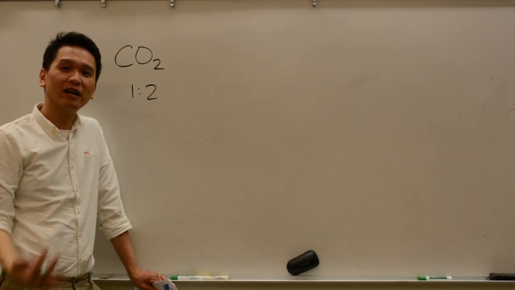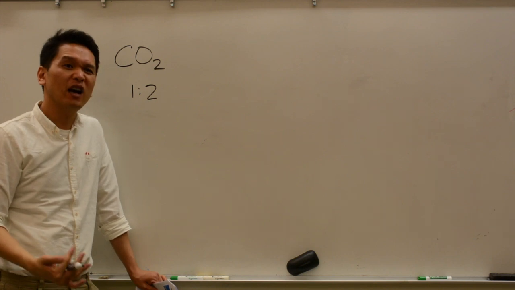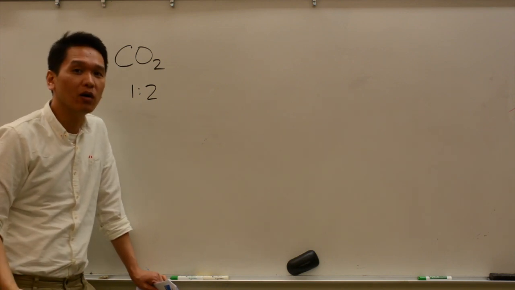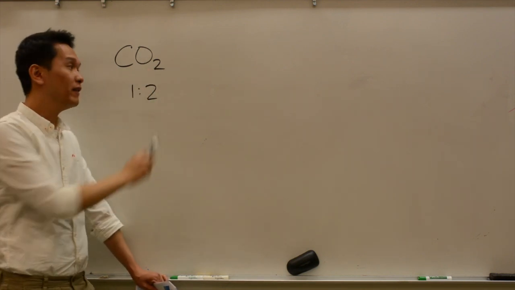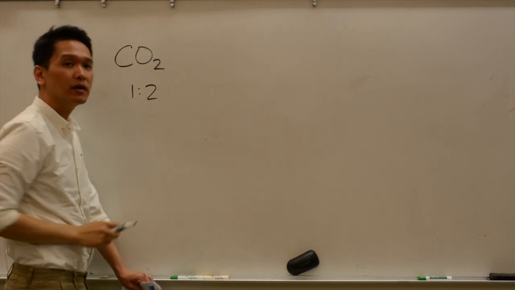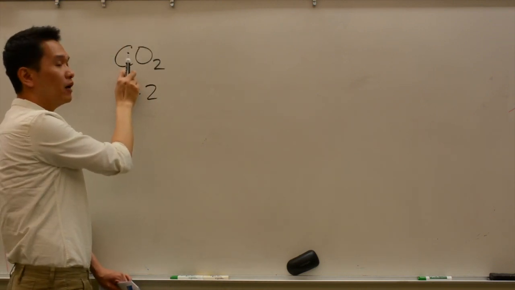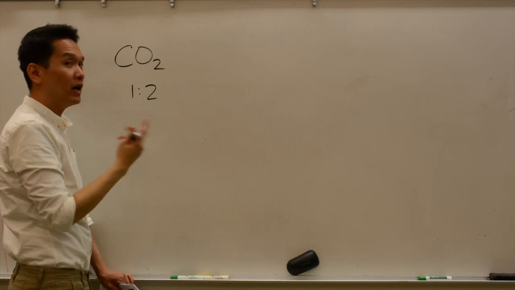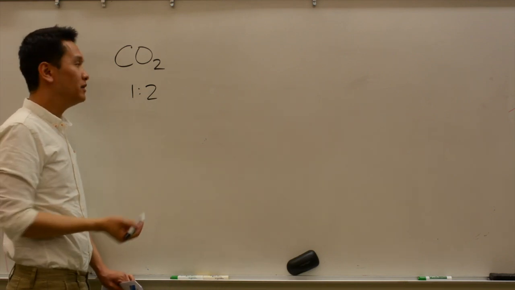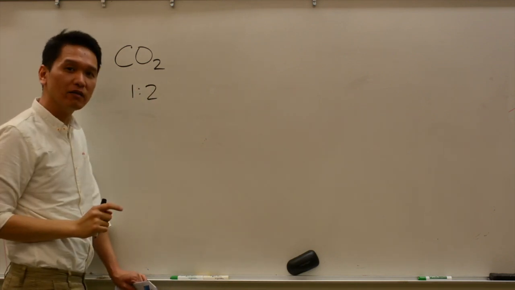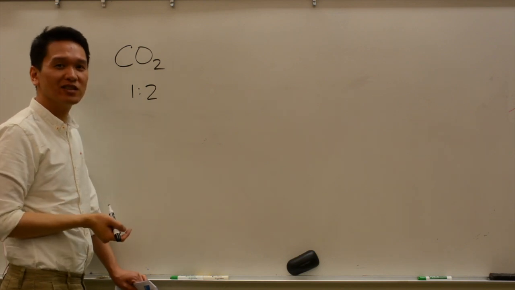So the same thing, now we just take the next step and say, what if I have 1 mole of carbon dioxide? If I have 1 mole of carbon dioxide, how many moles of carbon do I have? You would have 1 mole of carbon. How many moles of oxygen would I have? You would have 2 moles of oxygen, right?